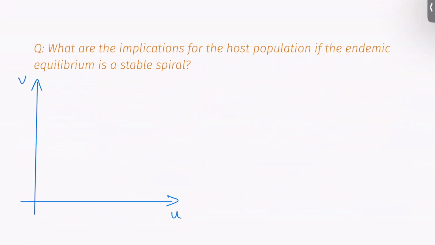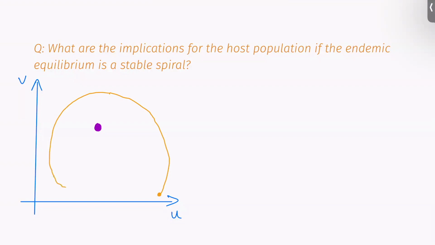Well, we've got some value, U star, V star, and suppose we start off with a lot of the population susceptible and not many infected. Well, this point here is oscillatory stable, so we're initially going to have a boom in our epidemic, and then we're going to have a depletion of susceptibles. So our epidemic is going to crash.